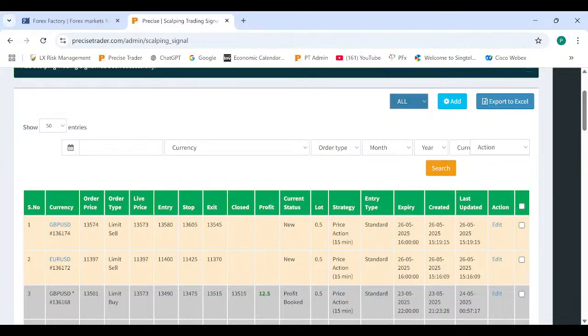Just now I heard that the gold is filled. So let's see the gold again, then we will see how we can go about. Okay, gold is filled, and right now we are making about $5.